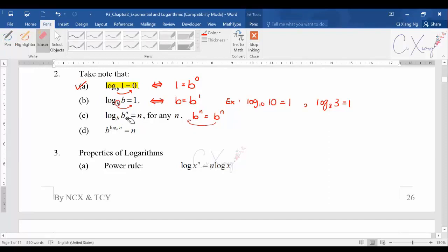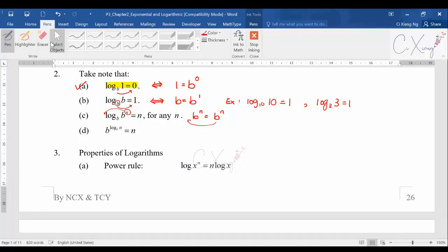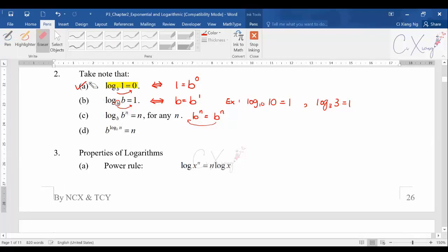And there's one more important result that you need to know: for the n here, when you are taking log, you can put it in front. We'll learn about the properties of log later, then you'll see that. So you can bring it in front. If not, you just assume that you change it to indices, and then you can compare them. So this is what we have here.